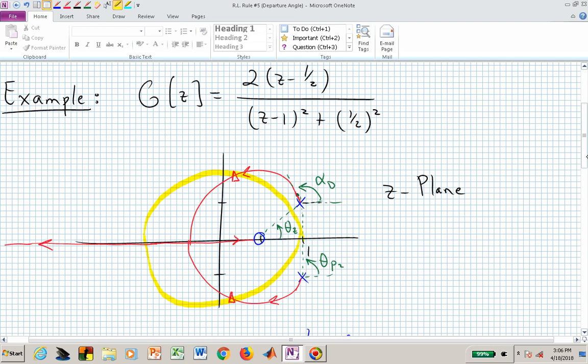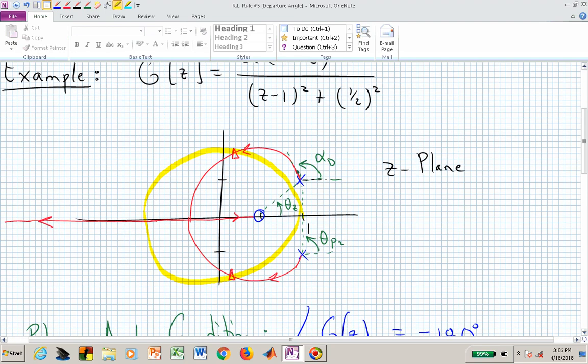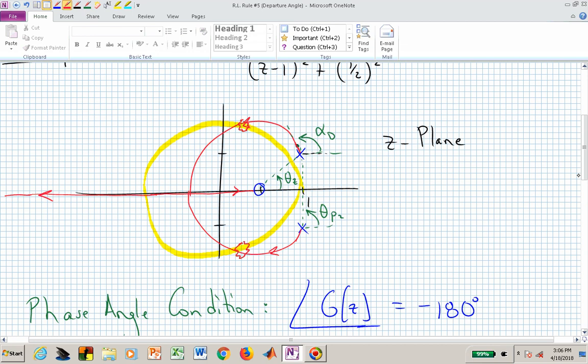It is somewhat helpful to have sketched this a little more accurately so that your angle of departure of 135 gives you a better understanding of where it enters the unit circle. If we said we wanted to be at this location, and I'm not sure that location is accurate because my particular departure angle is not really 135, it's more like 110. But just use your imagination.